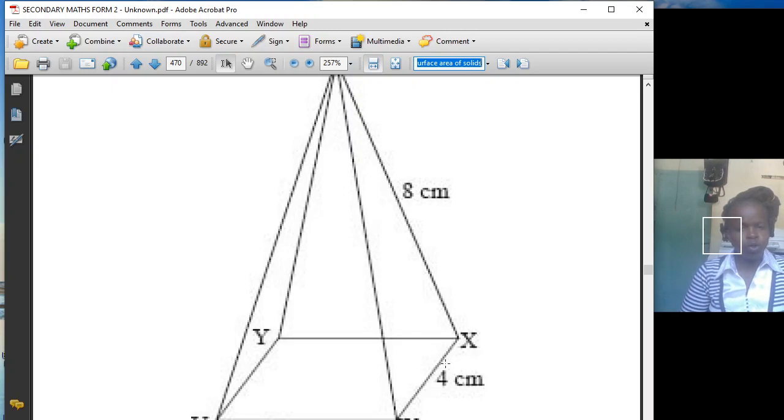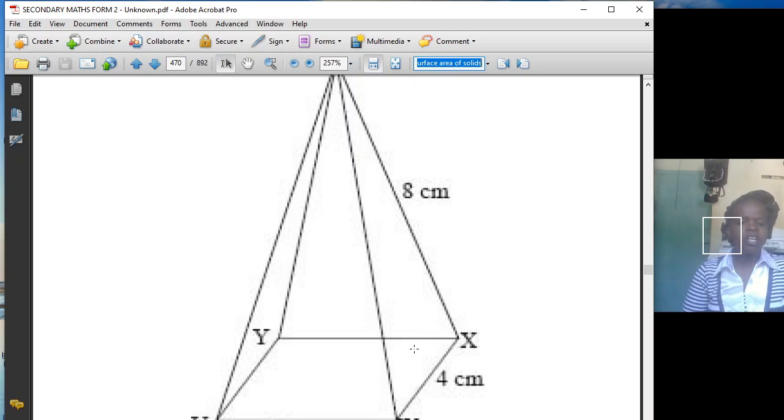So when you draw that line, getting the height, it will be 8 squared minus 2 squared, you find the square root. 8 acts as the hypotenuse of that triangle. It will give you the height of this face.